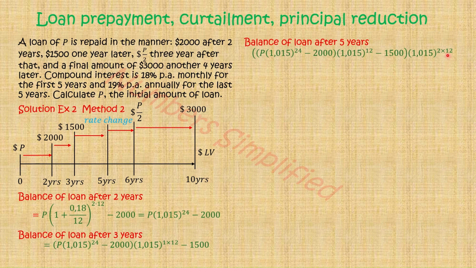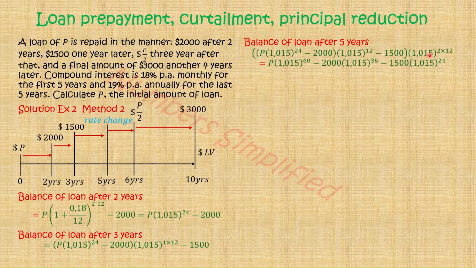Right. So now that we have the balance of that loan after 5 years, perhaps before we move on, we can expand the brackets so that we have something that is reasonable and pleasant to look at.